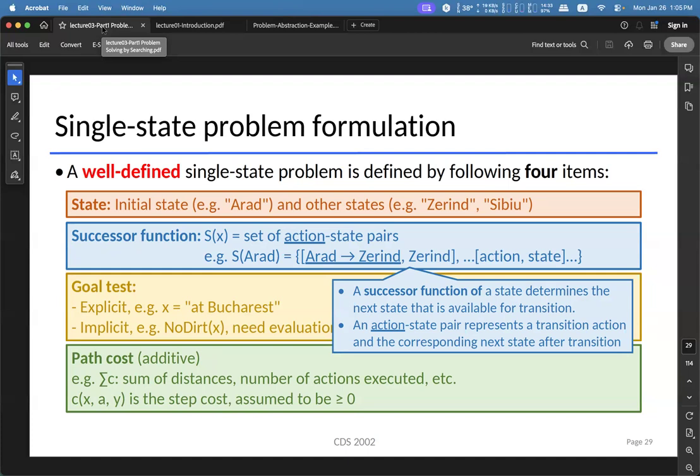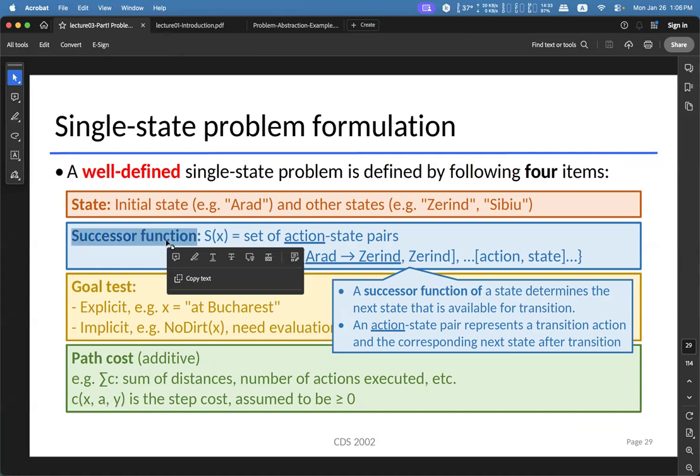But the issue is that if I have a function that can automatically generate all the next possible states that the agent can go to, I don't need a network.